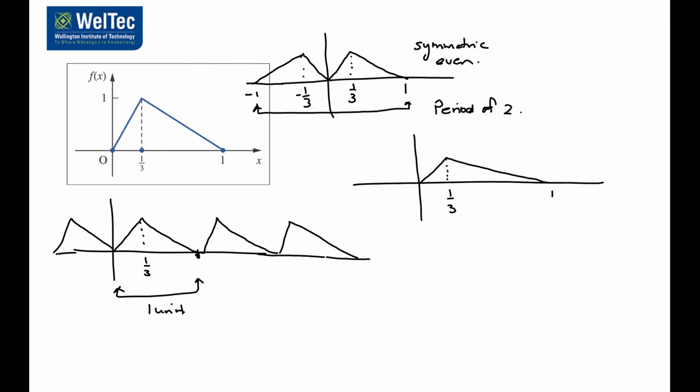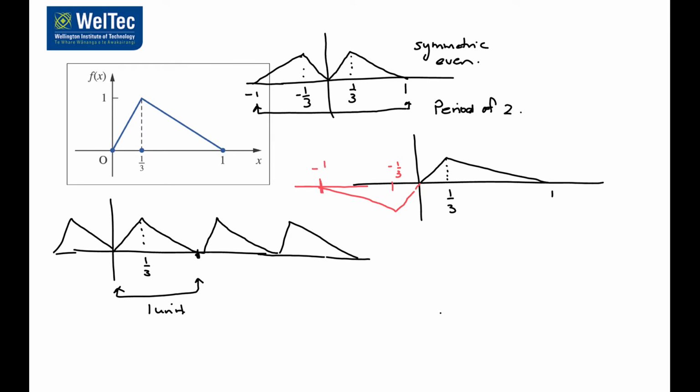Now, in order for it to be odd, it's got to be anti-symmetric. So we're going to have to do the short bit here. So that would take us to -1/3. And then the longer bit up to here, which would take us to -1.